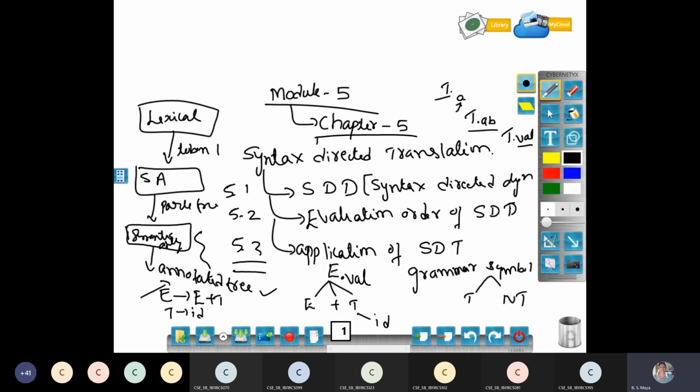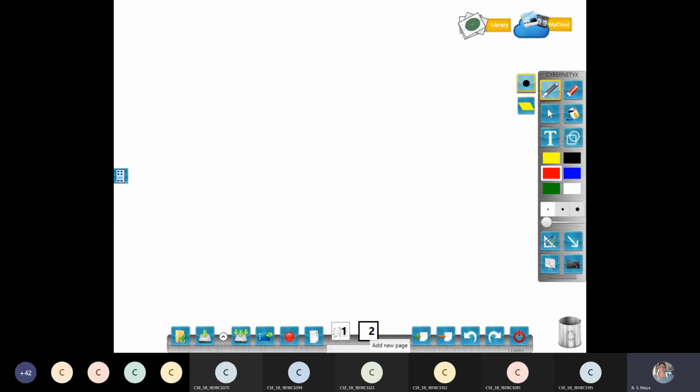Or we are using somewhere T dot SYN. For easy conversation, I am taking SYN as a synthesized attribute. We told there are 2 types of attributes: the first one is synthesized attribute, the second one is inherited attributes.